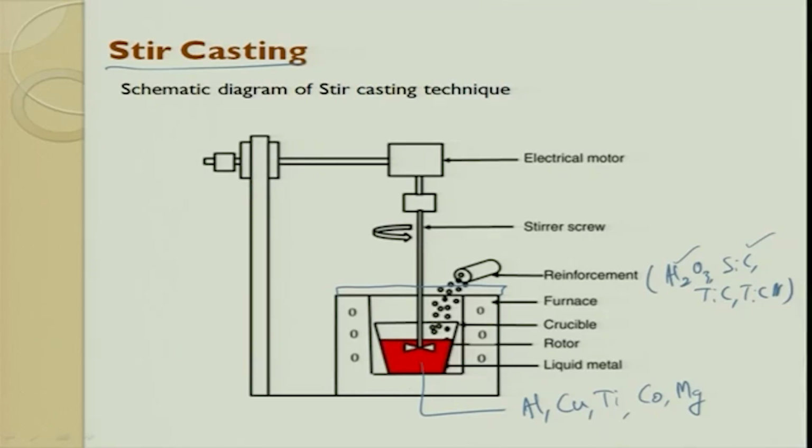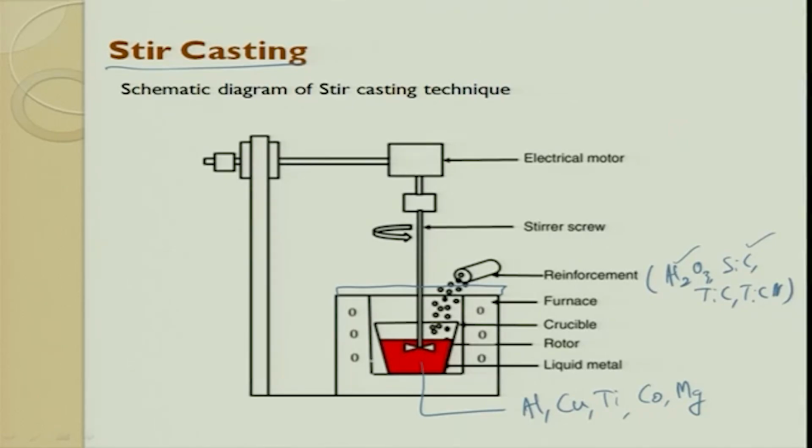The stirrer's basic function is first to maintain uniform heat in the molten state, and then, when the ceramic is dispersed, to keep the particles uniformly distributed, so that you get very high mechanical properties. This process is called the stir casting process.